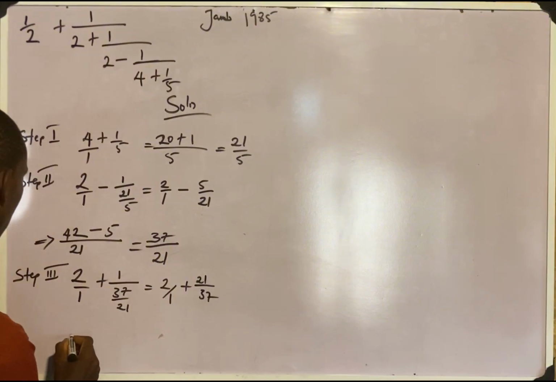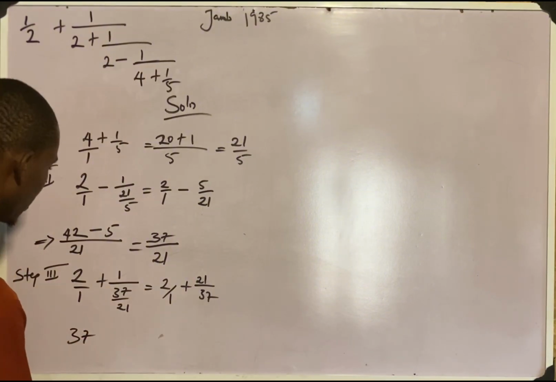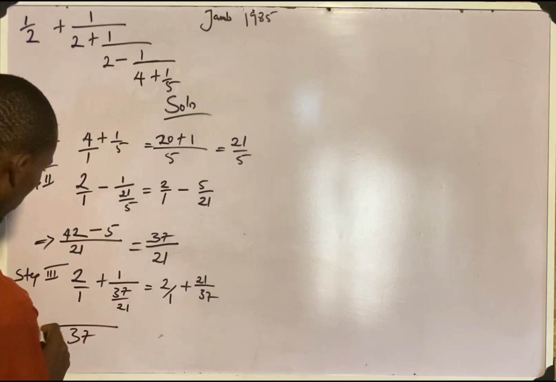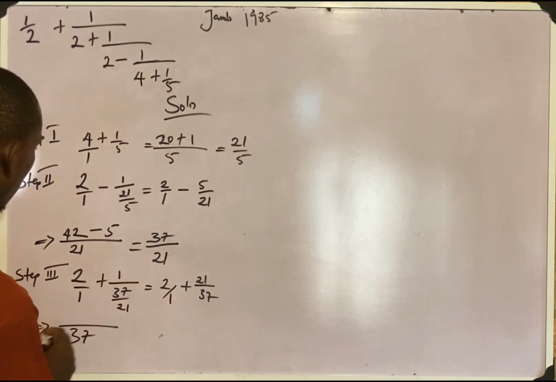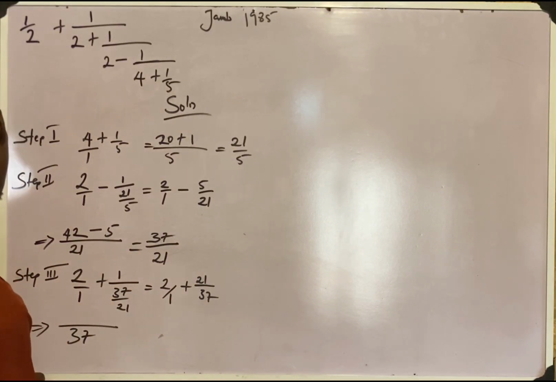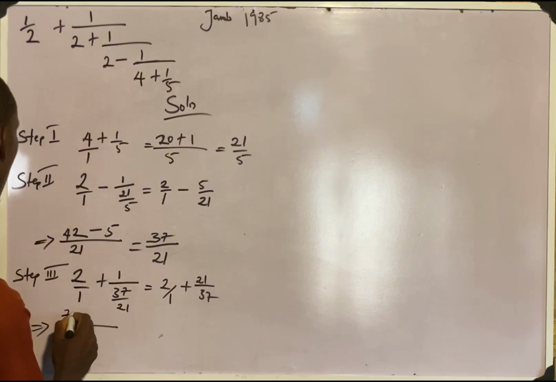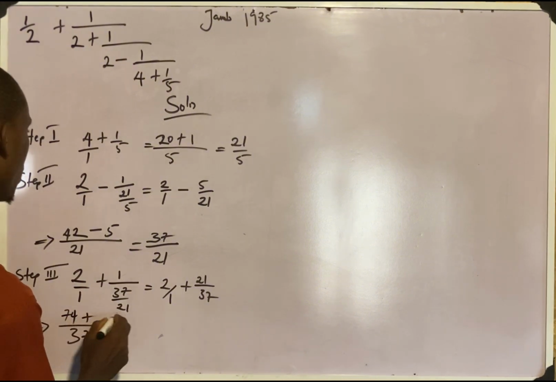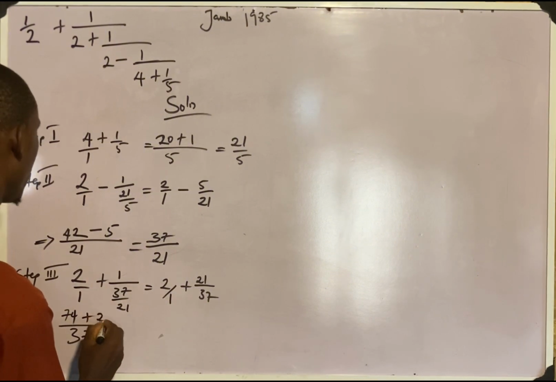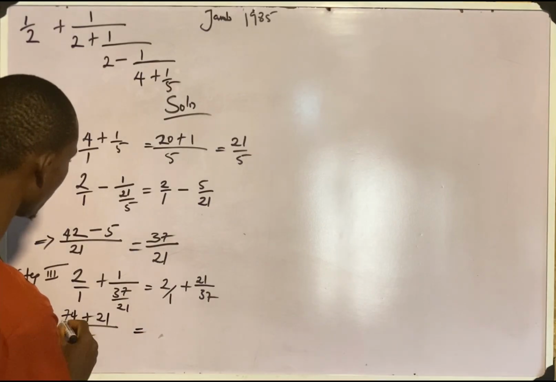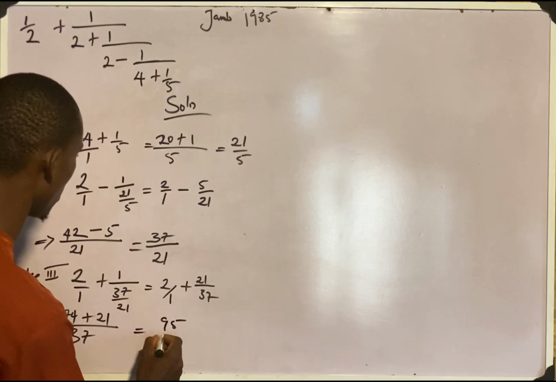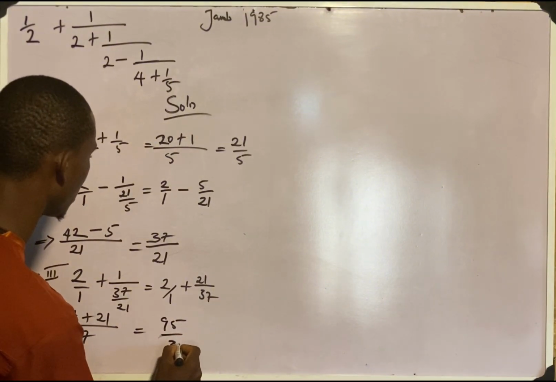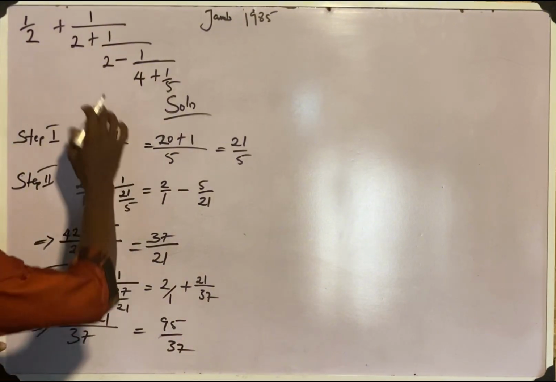The LCM is what? 37. So 37 times 2 is the same thing as 74, plus 21. This is 74 plus 21, which will give us 95 over 37. So we are done here.